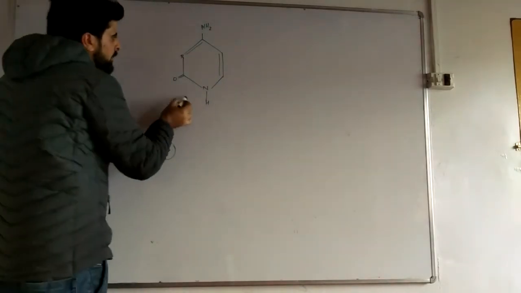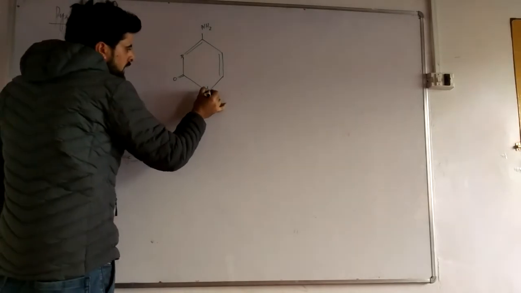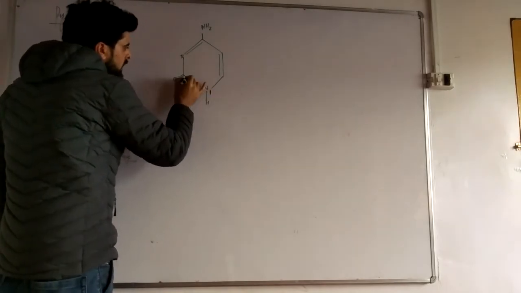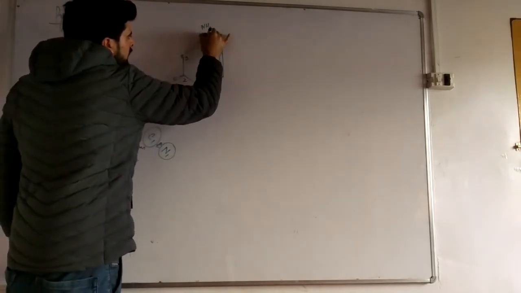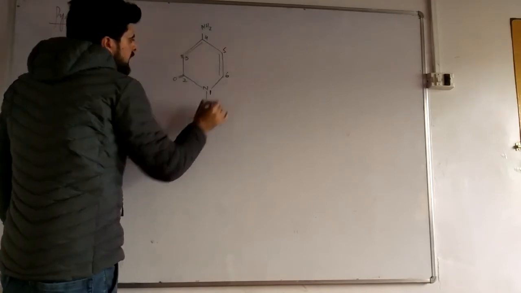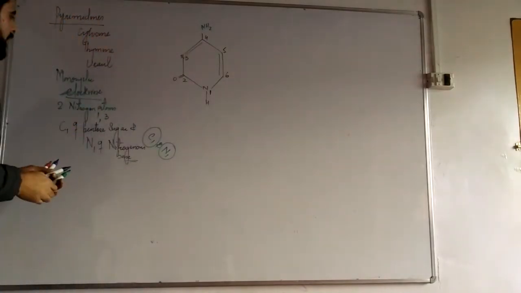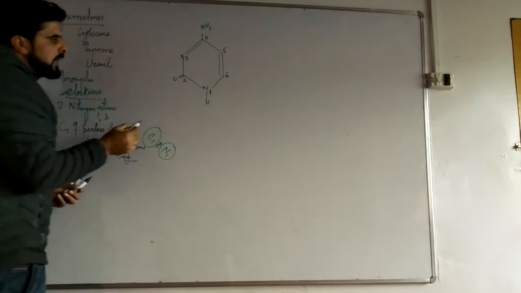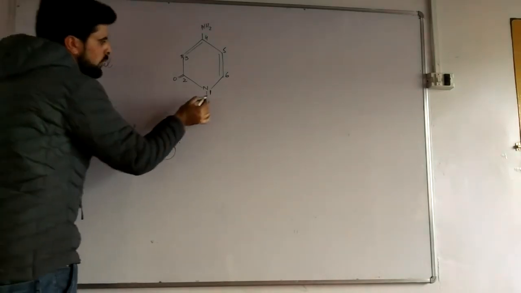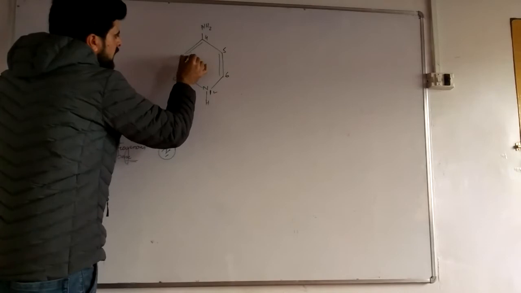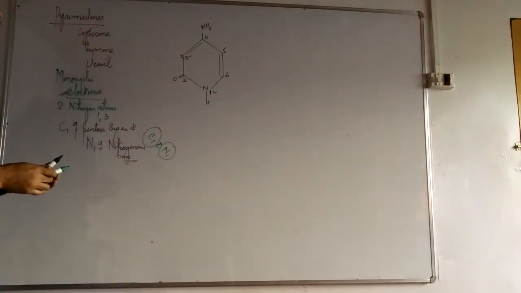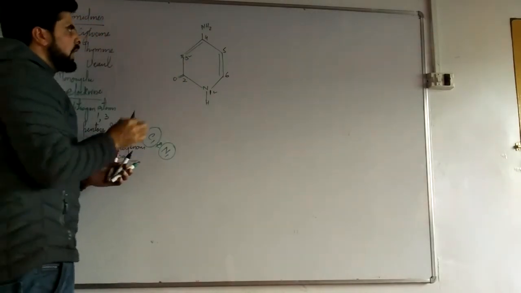If we number it in a clockwise direction, this will be position 1, this will be 2, 3, 4, 5, and 6. It is monocyclic, with nitrogen atoms at positions 1 and 3 of the ring.